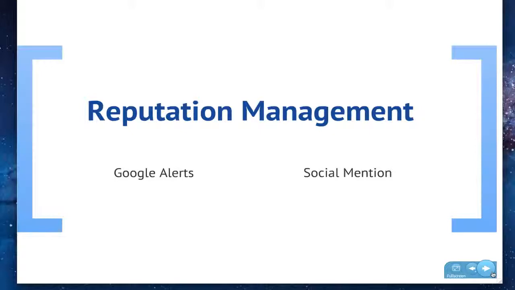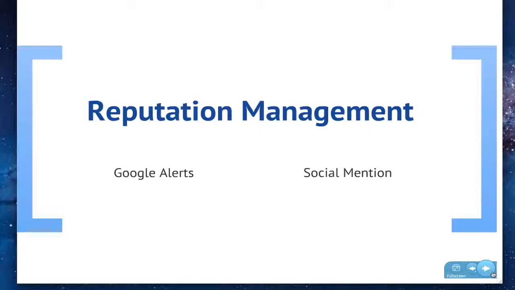And whenever Google finds a new web page with your business listed, it'll send you an email saying we've just found this page with the text you put in. So if you're monitoring your competitors, it'll tell you whenever a new website or a new reference is made about them. If it's monitoring your key staff, if they get mentioned online, then within about 24 hours of them being mentioned, you'll get an email and you can go and look and see what people are saying.